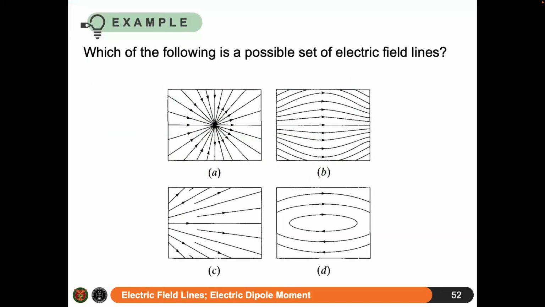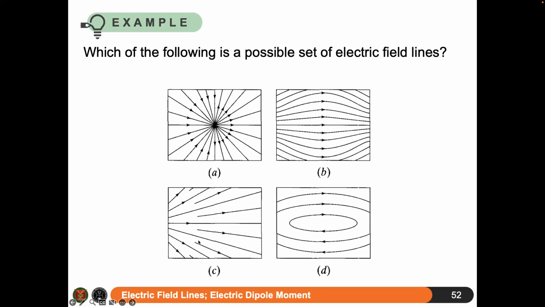Example. So which of the following is possible set of electric field lines? Okay. So si A, hindi na pwede. Bakit? Kasi meron ka something sa gitna na nag-act as both a source and a sink. So it is not possible. Yung C, hindi rin pwede kasi meron kang mga field lines that started somewhere na hindi mo alam kung saan.